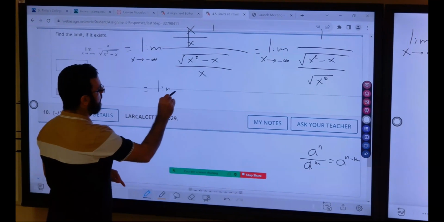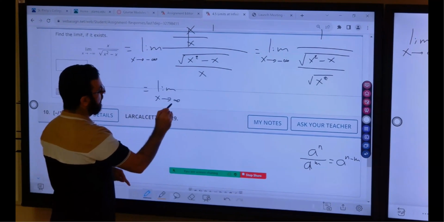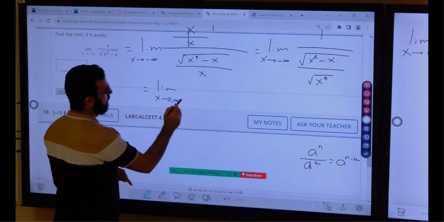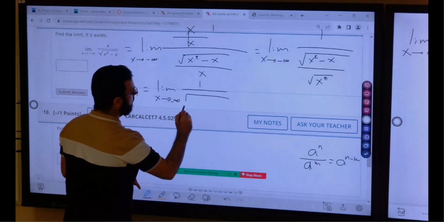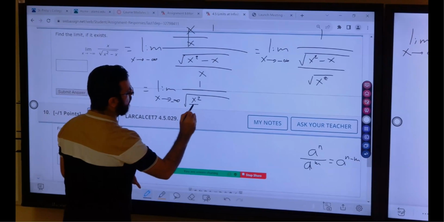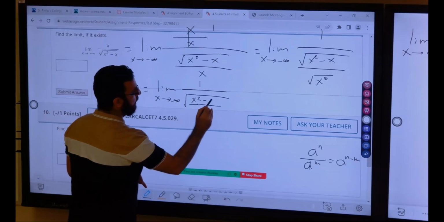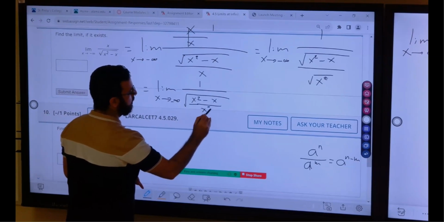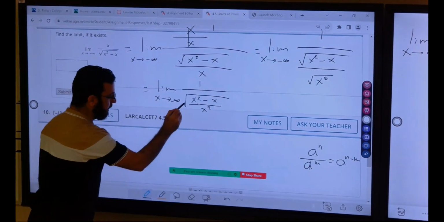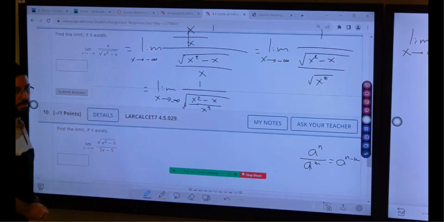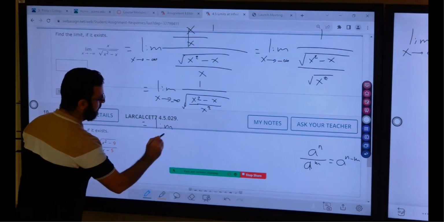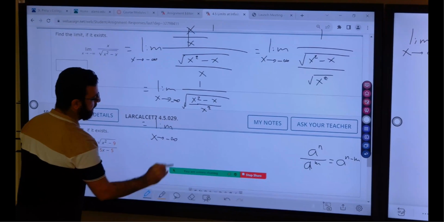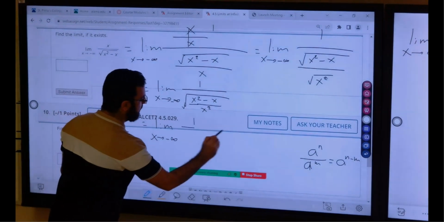Is that the same thing? Limit as x goes to infinity or negative infinity of 1 over x squared over, minus x over x squared, everything under the root. Now, what's the next step? Limit as x goes to negative infinity. Is that the same thing?